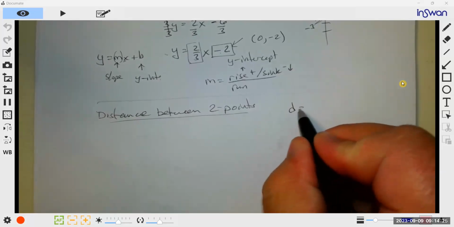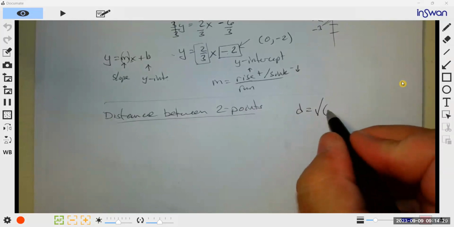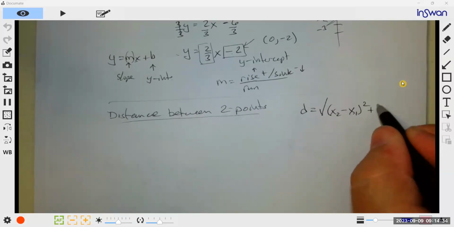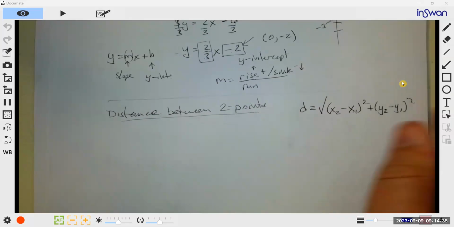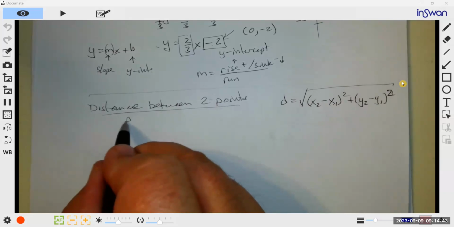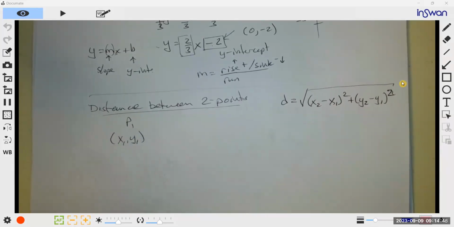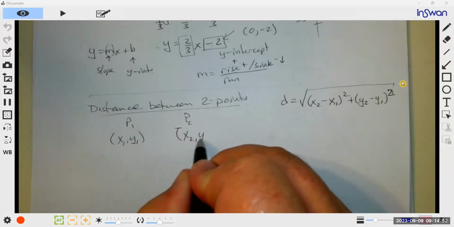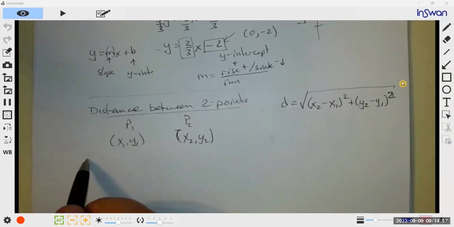The distance formula is d equals square root of x2 minus x1 squared plus y2 minus y1 squared, where x1, y1 are the x and y of the first point, and x2, y2 are the x and y of the second point. Just plug them in there.